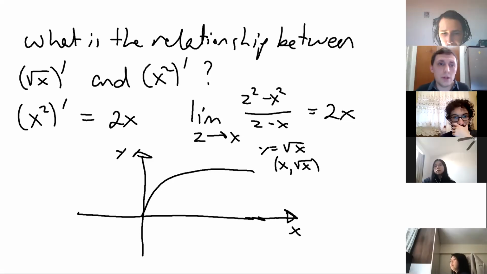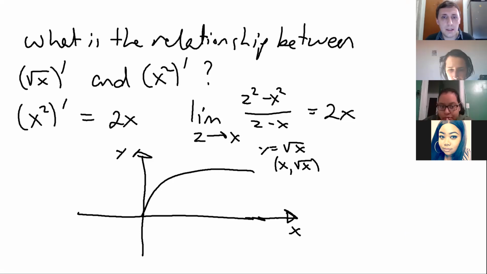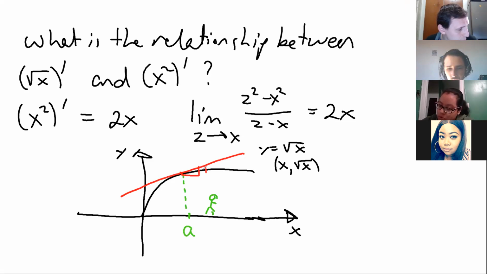Now, if I want to calculate the slope at this point, guys, so this point is some point A. I send an astronaut to walk along this curve, and he is looking up, and what does he see? He sees the tangent line. And the tangent line has displacement dy, which is vertical, dx, which is horizontal, right?